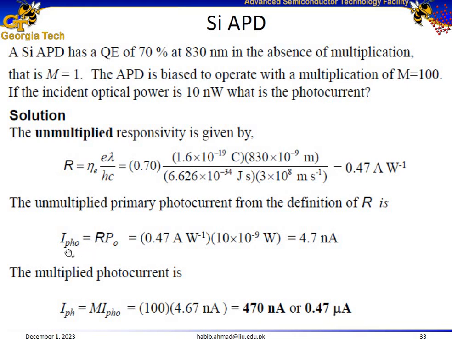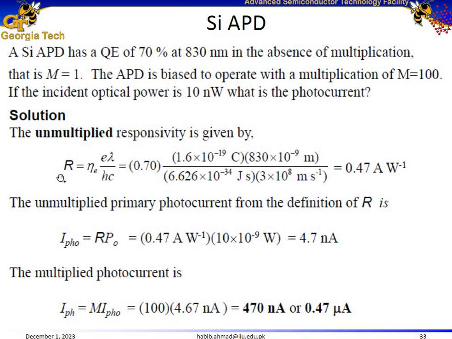So from this relationship, we can reorder it to calculate the primary photocurrent is equal to responsivity times the input optical power. The input optical power is given, it's 10 nanowatt, but we don't know the responsivity. So let us first calculate the unmultiplied responsivity, equal to efficiency times this equation.